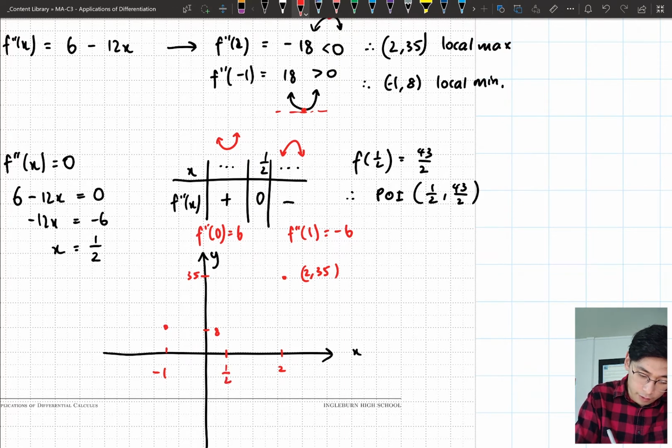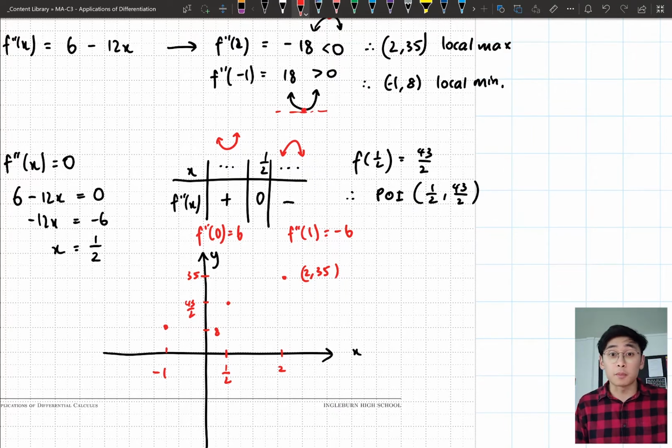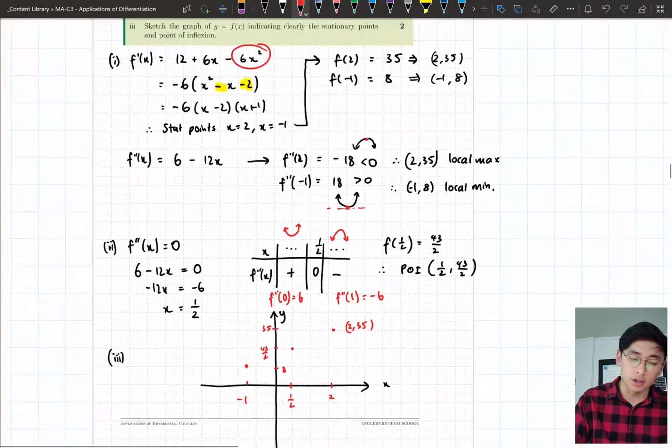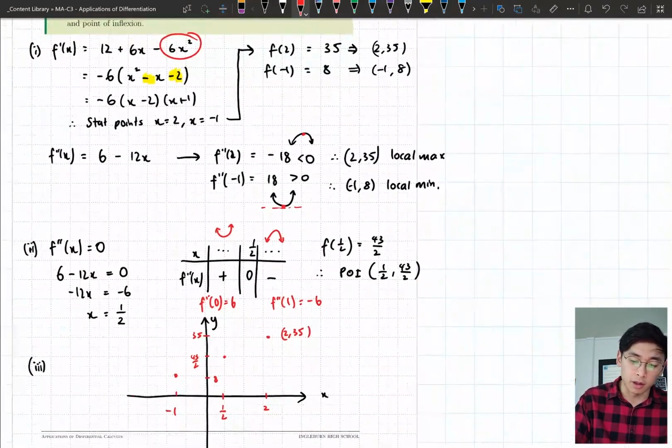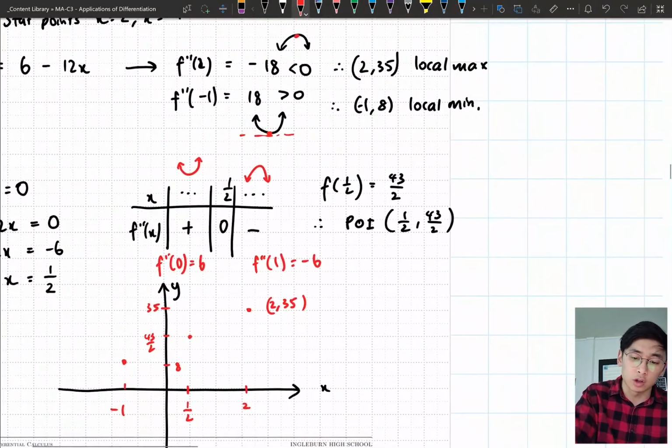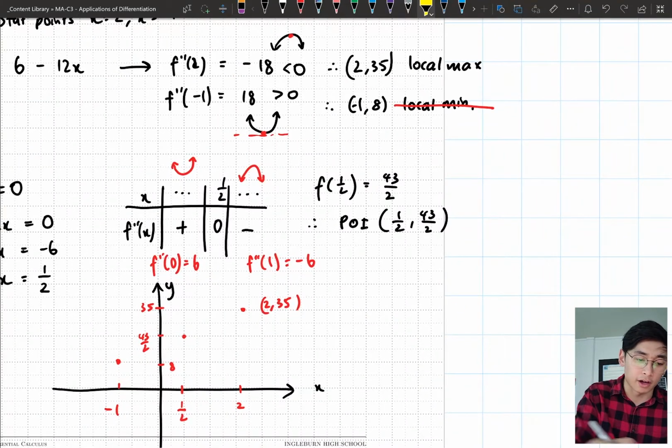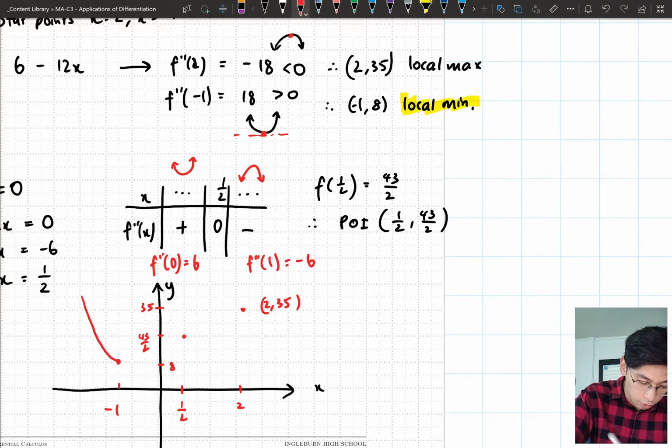This is a half, and this is 43 on 2. Okay. And starting from here, I can actually start to draw my graph. If I start from the left, negative 1, 8 is a local minimum. So I'm going to start from here, and I'm going to go down to a local minimum.